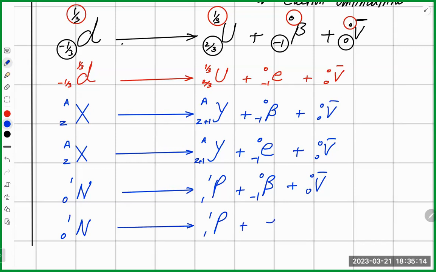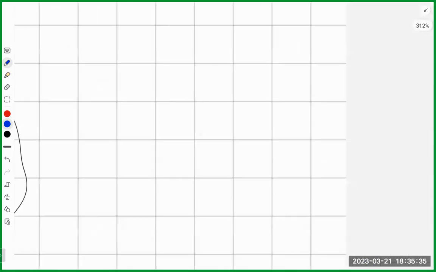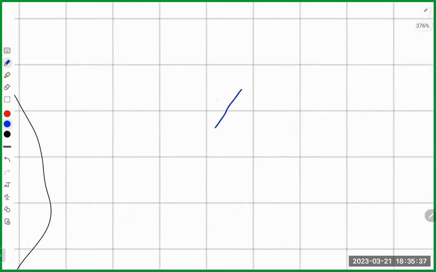So which one does not make sense to you? The third and fourth. Okay, listen. Do you know when we write something like this, over here we have A, Z. This is the element symbol.